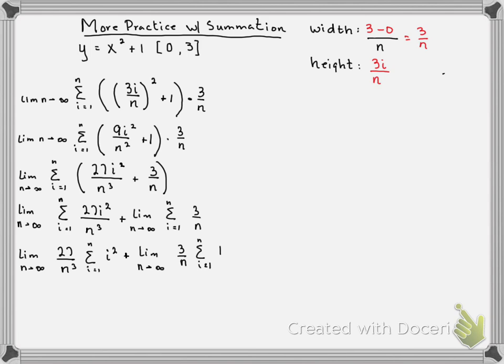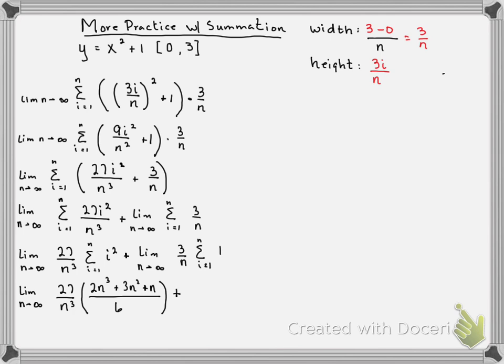Okay? Now at this point, we're going to replace the sums with our formulas in terms of n. So the limit as n approaches infinity of 27 over n cubed, and in terms of n, the sum of i squared is (2n cubed plus 3n squared plus n) all over 6.